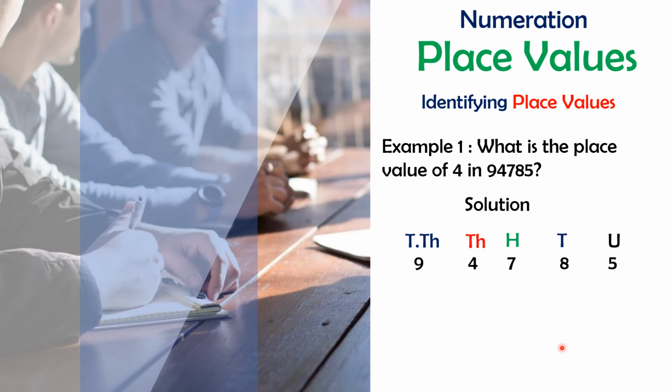Then you now ask yourself, what's the place value of 4? So the place value of 4 is TH. And that symbol TH means 1000. So the place value of 4 is 1000. Okay, 4000, or you write it in this way, 4000. Right, 4000. That's good. Let's proceed.